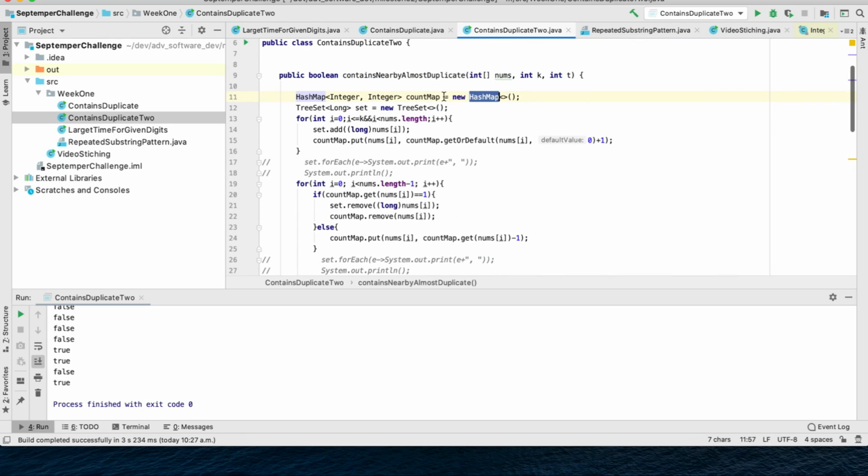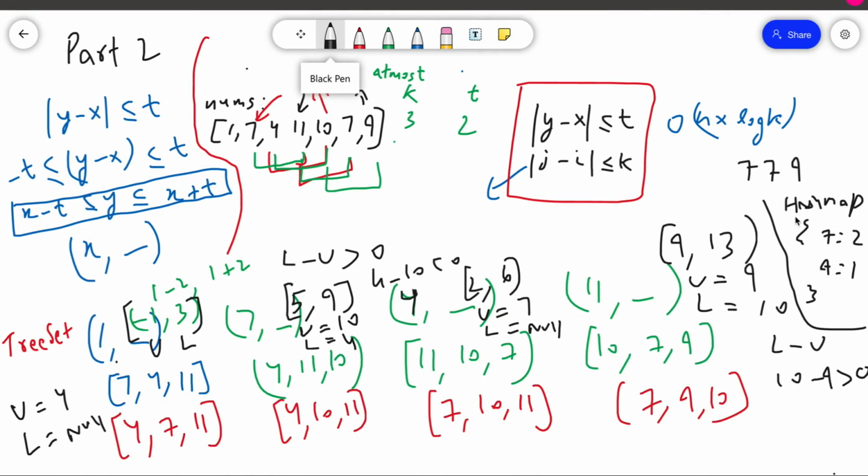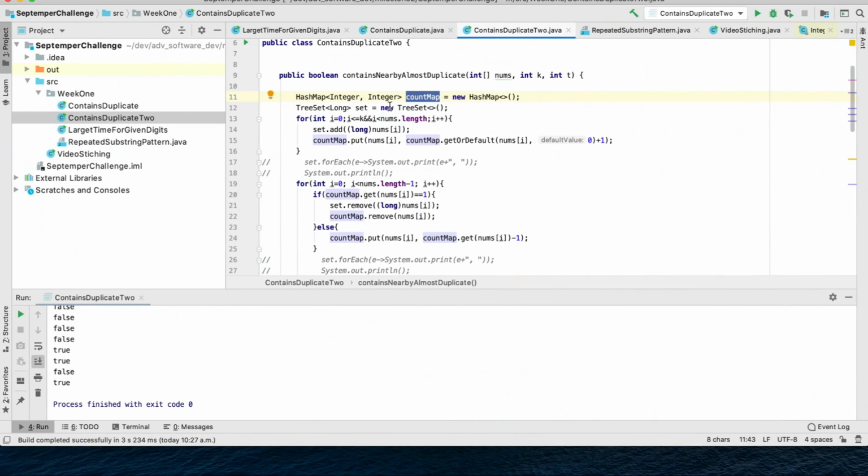Here I am just instantiating the hash map. I just showed you why we need a hash map: to maintain the count of numbers in the next k numbers from the current position. In the next line, I am instantiating a tree set data structure.